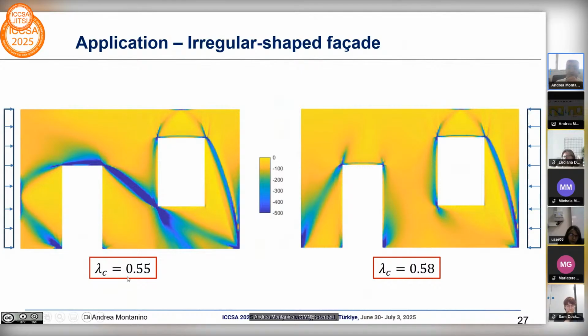In this case, we see that the load multiplier with respect to the total vertical loads acting on the structure is 0.55 and 0.58. These numbers in particular are representative of the maximum seismic action that this structure can withstand.